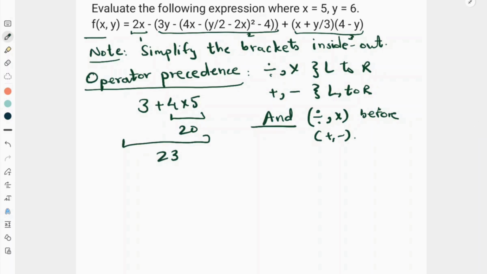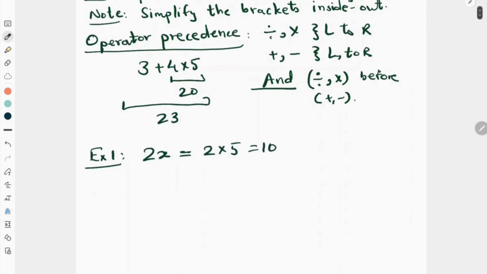So let's go step by step here. Our expression 1 here is just 2x, which is 2 times 5, which is 10. That was straightforward. If there is no operator between a number and a variable, or between two variables, or between two brackets, we understand that it is a multiplication. Let me write this down.